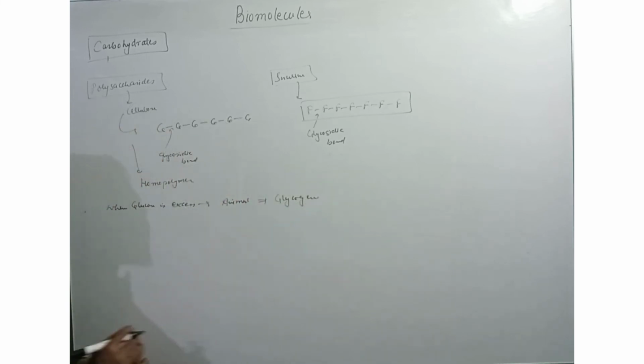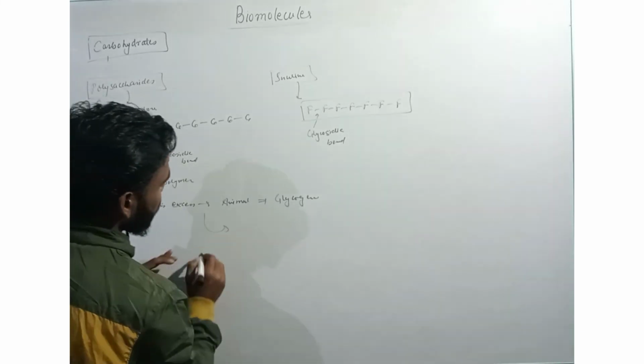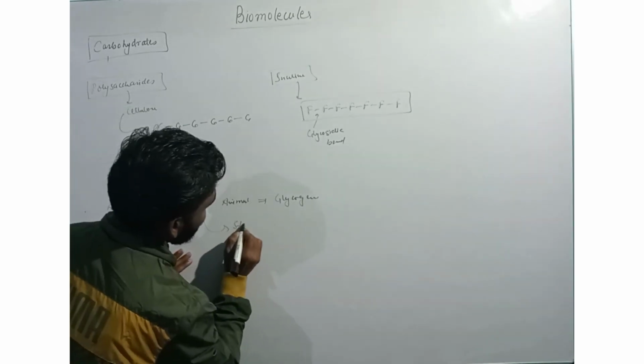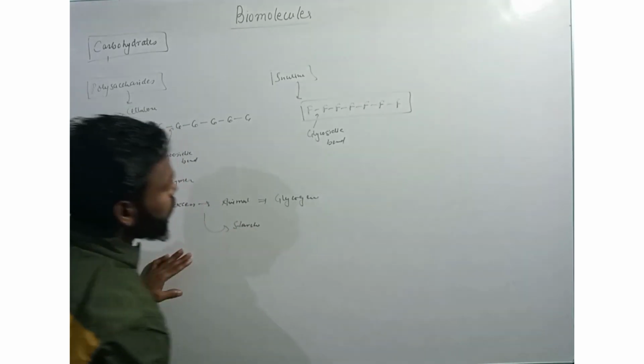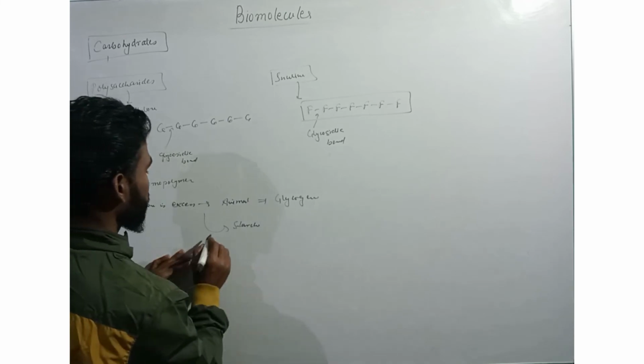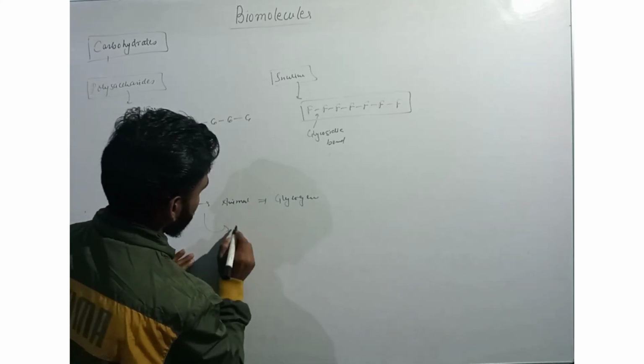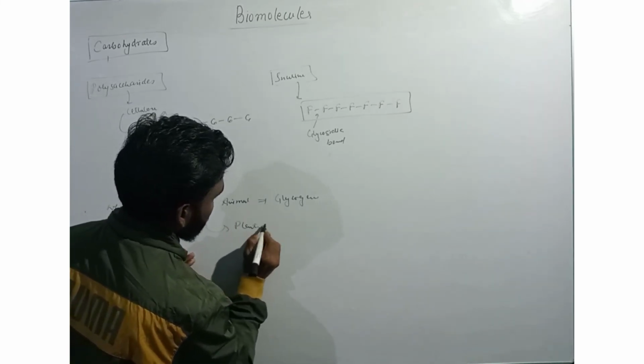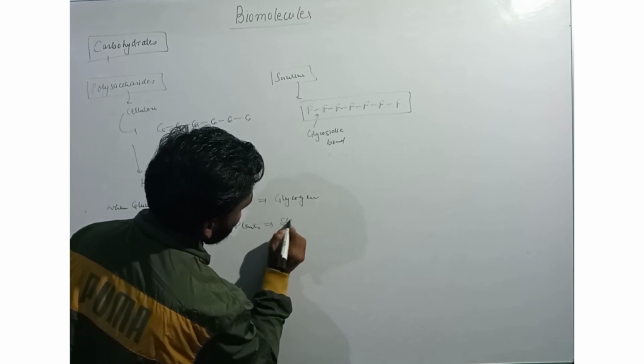But in a plant, if glucose is in excess, it is stored in the form of starch. Please do remember, in plants it is stored in the form of starch.